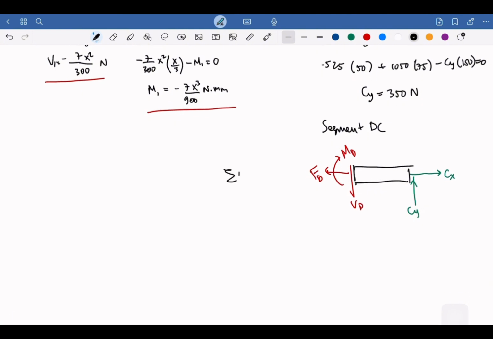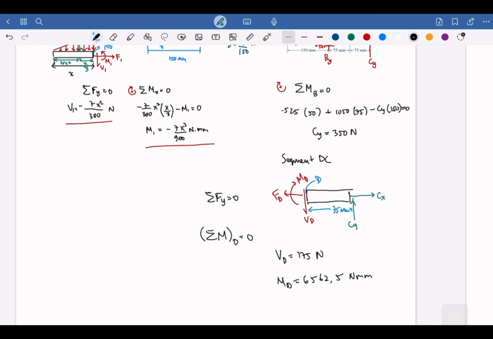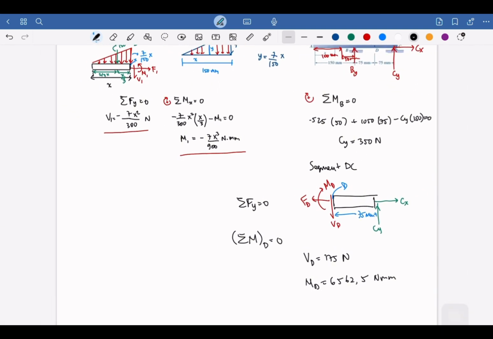Taking sigma Fy equals 0, and sigma moment with respect to D, so at D it is 0, and then we get everything for the part. Because we know that this will be 75 millimeter, right? So if you calculate the equilibrium, you get VD is 175 Newton and MD is 6562.5 Newton millimeter. I think I will complete this and give it to you later on.